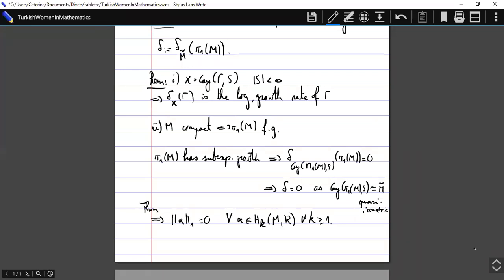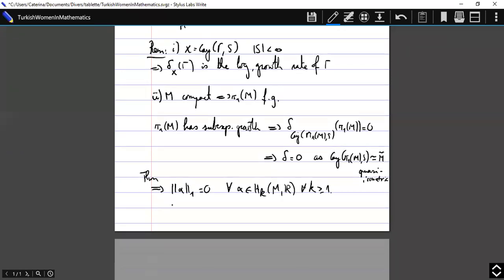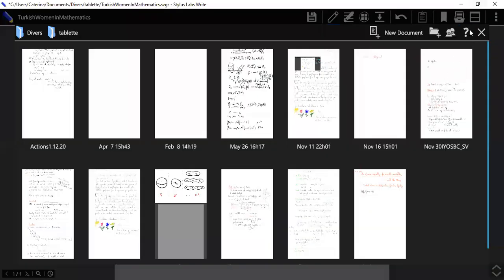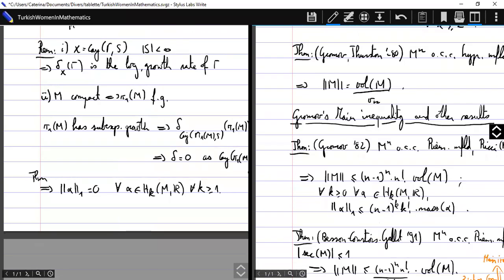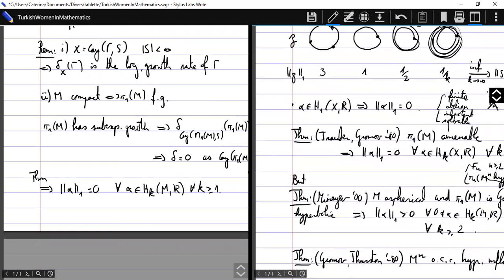Okay, and then compare this with what I told you at the very beginning, the result by Hauber and Gromov, that if the fundamental group is amenable, then the L1 norm vanishes in all degrees at least 1.